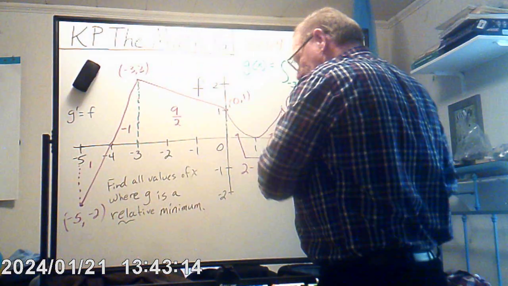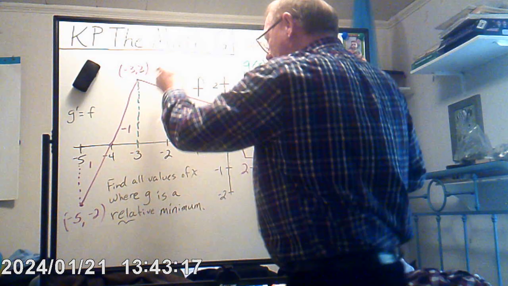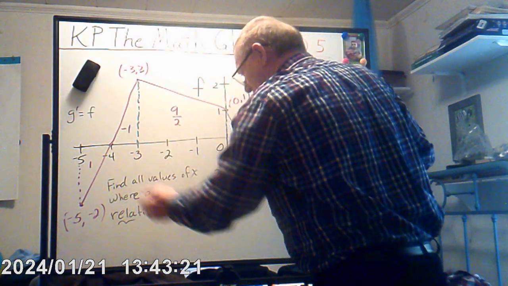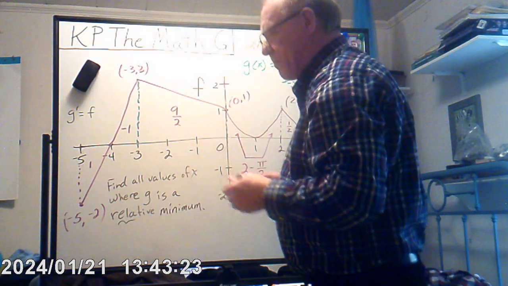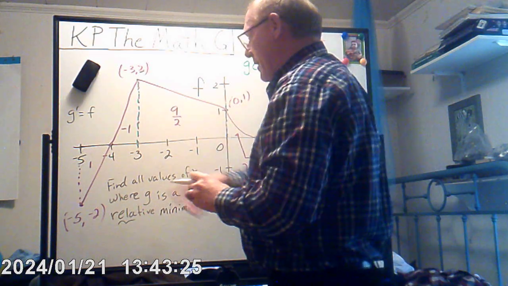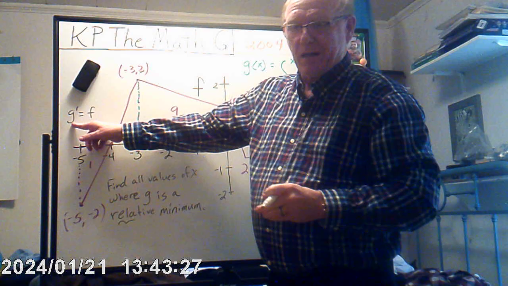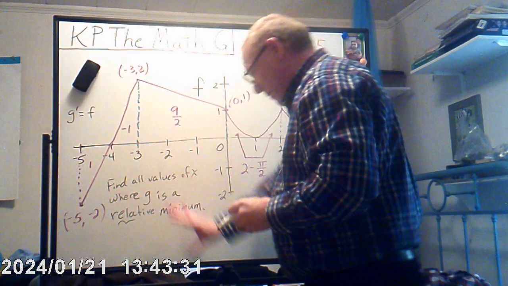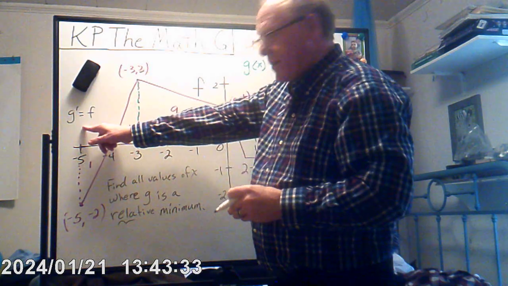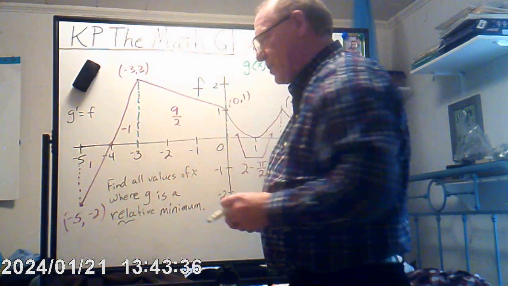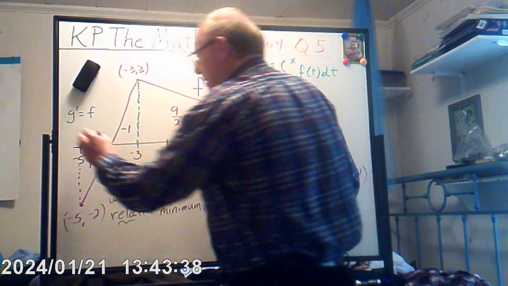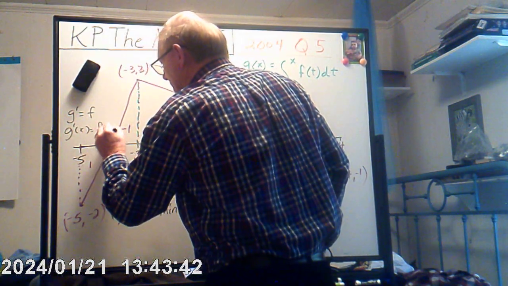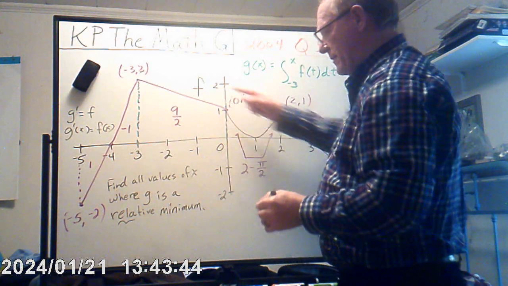Anytime you're trying to find a relative minimum or relative maximum, you got to take the derivative of g. So we're still stuck with F. Again, g prime at x is equal to F at x.